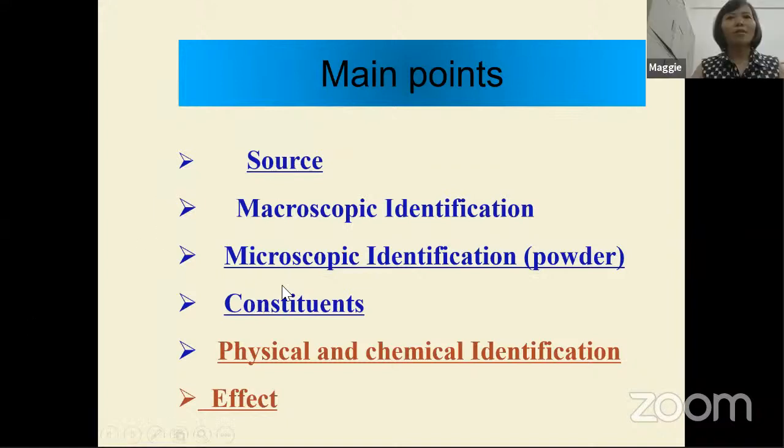For the microscopic characters, the important character is the star spots in the pith of the rhizome, and the microscopic characters include calcium oxalate clusters, starch granules, and vessels. The constituents include anthraquinones, both free anthraquinones and combined anthraquinones.